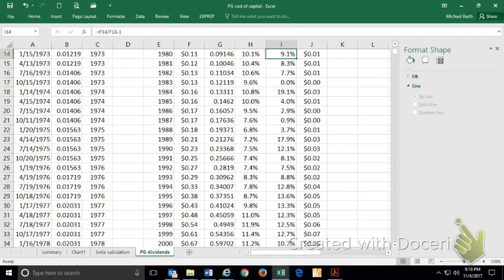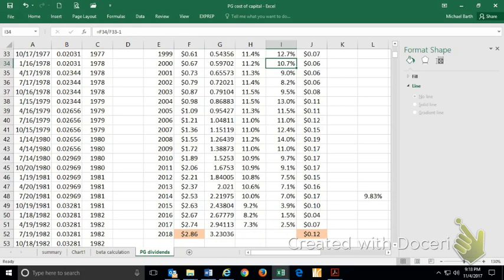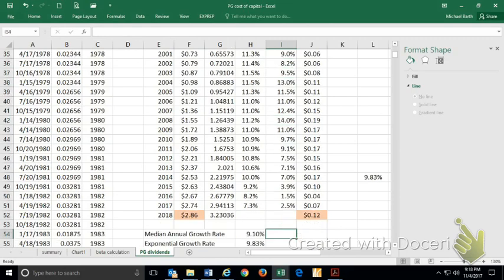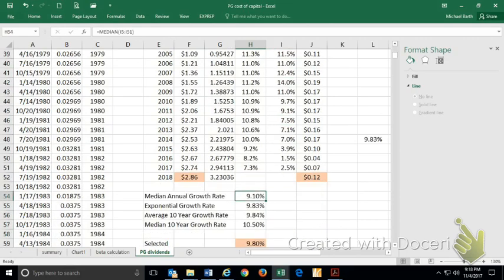Some years are higher, some years lower. But over this 40-some-odd year period, the median year-to-year change is a little over 9%. I also took 10-year growth rates, calculated using time value of money, and I calculated a median 10-year growth rate and an average, and I looked at the exponential growth rate, letting Excel calculate it for me.